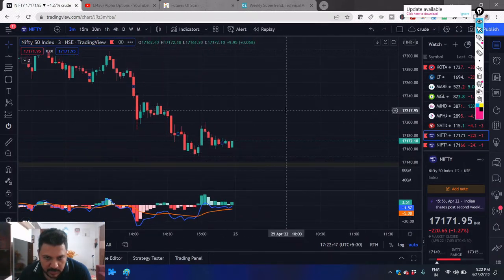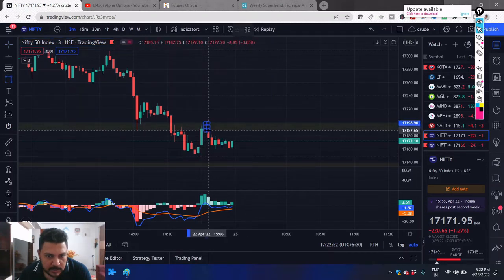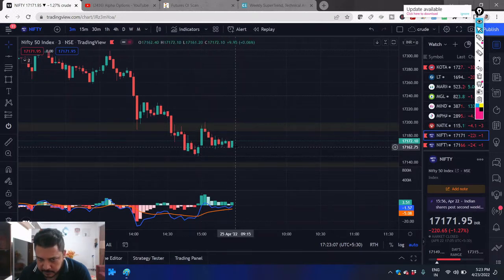At a 3-minute time frame, definitely if you see a candle like this, which is a decent candle, you can also combine volume here to see the efficiency of this particular level, and there is a lot of consolidation. You have to always look left for the support and resistance.